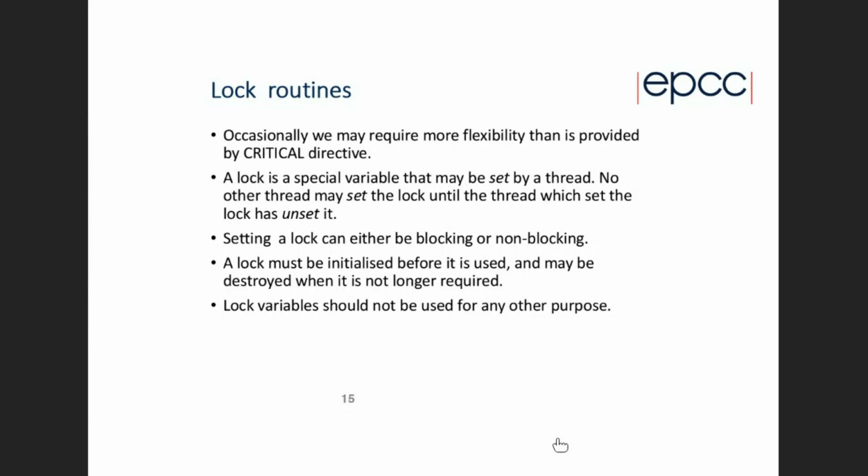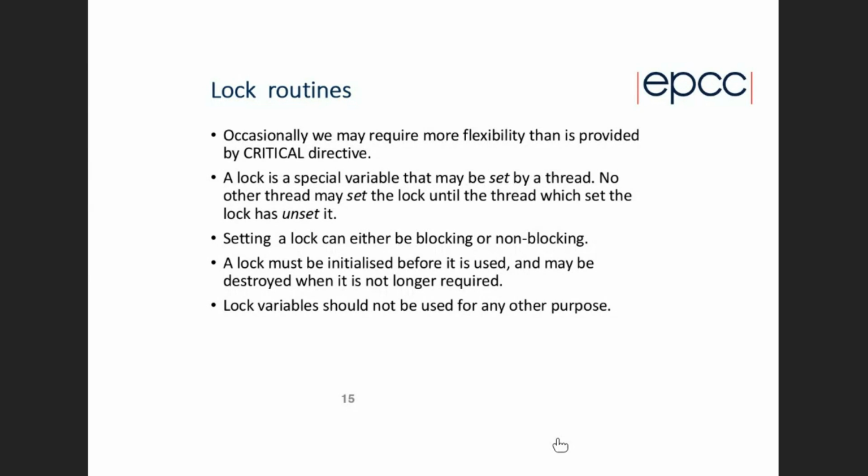So OpenMP provides what's really a very classical set of mutex lock routines. This is the usual idea for mutexes. A lock is a special variable that can be set by a thread, and then no other thread can set the lock until the thread which did set it has unset it.